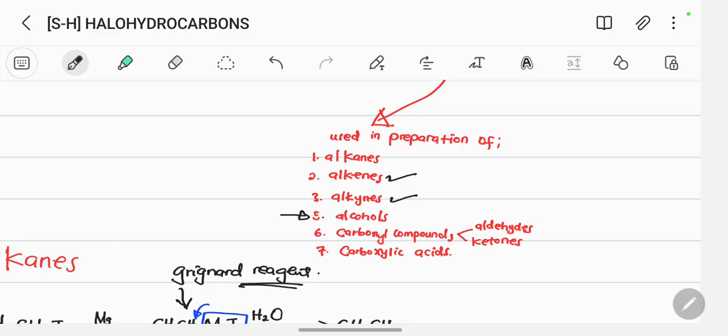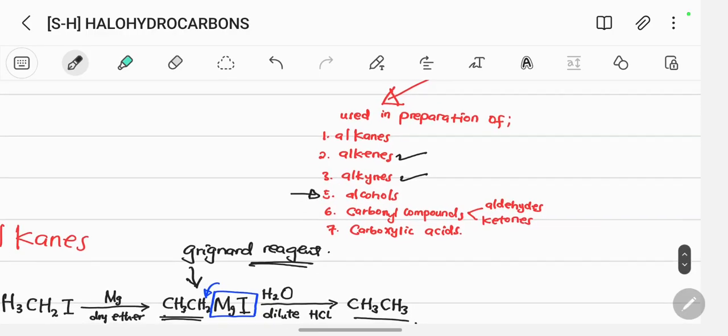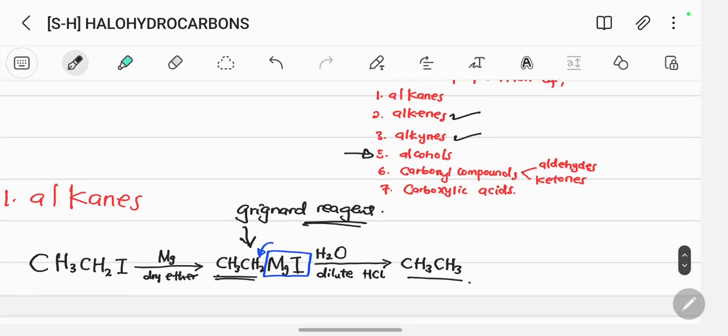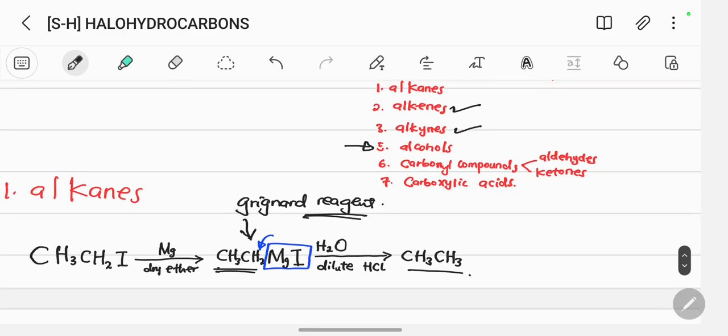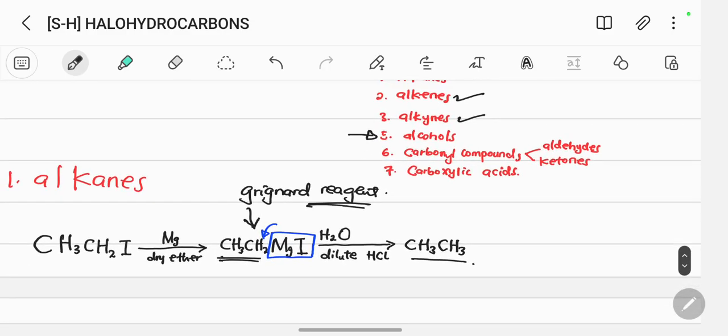So you first prepare alcohols, then you dehydrate the alcohol and get the alkene, then halogenate the alkene to form a vicinal dihalide. After the vicinal dihalide, you dehydrohalogenate it and get the alkyne. So those ones are very many steps. So I'm going to jump to preparation of alcohols.